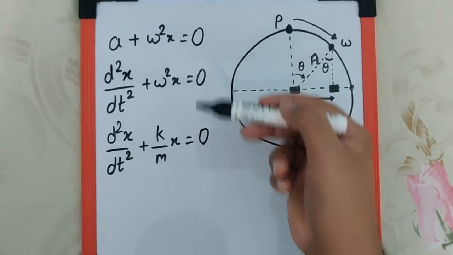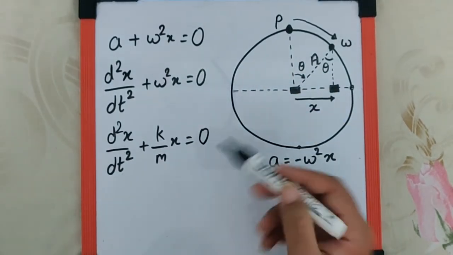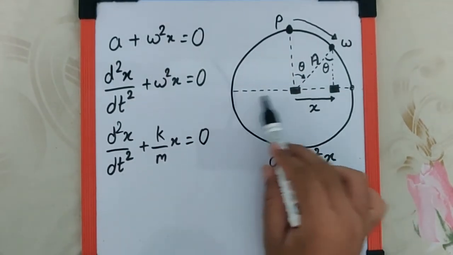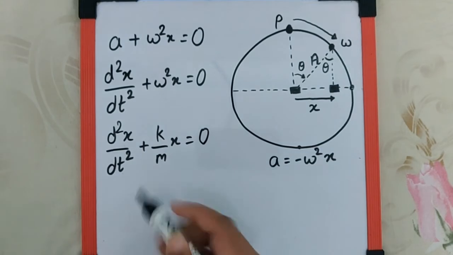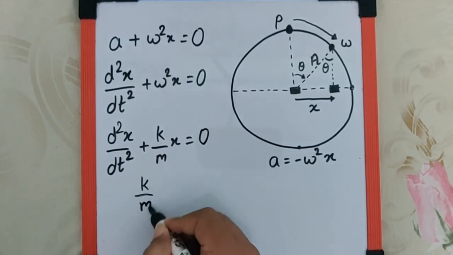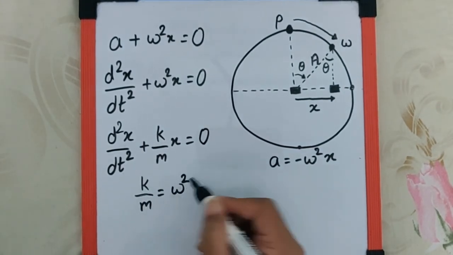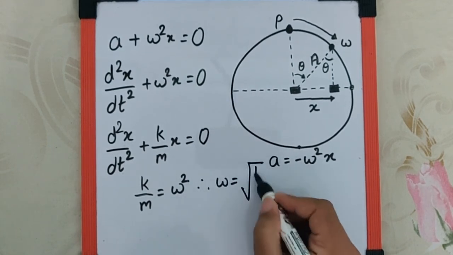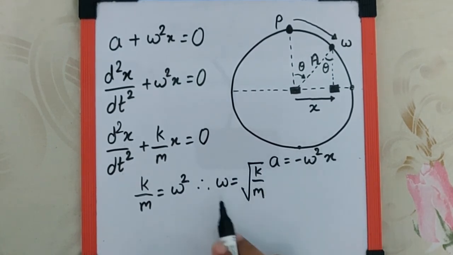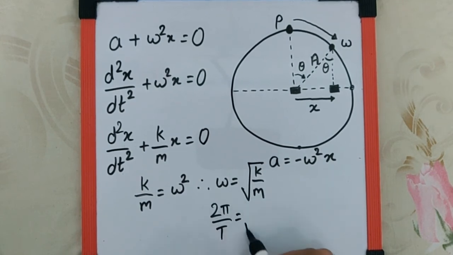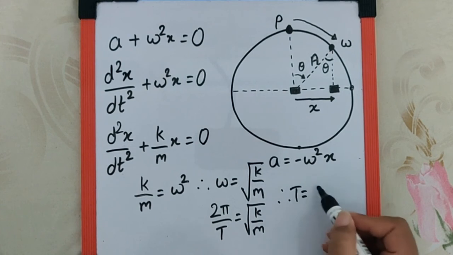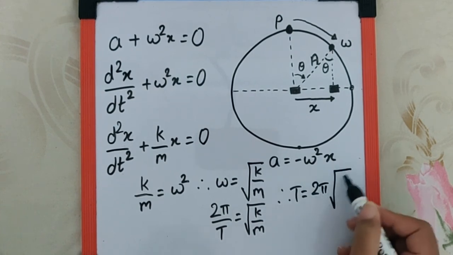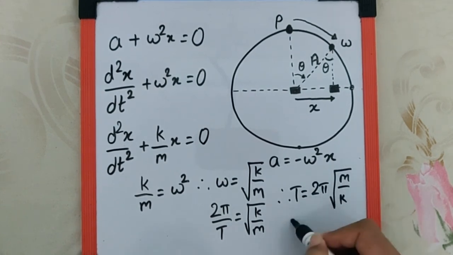If you compare these two equations, they are quite the same, which means the shadow over here is actually performing an SHM, where k by m is omega square. Therefore omega is nothing but root of k by m. As we know, omega can be written as 2 pi by T, and so we get the time period as 2 pi root of m by k.